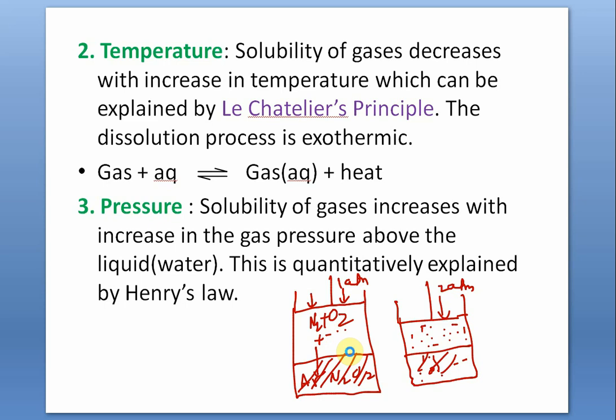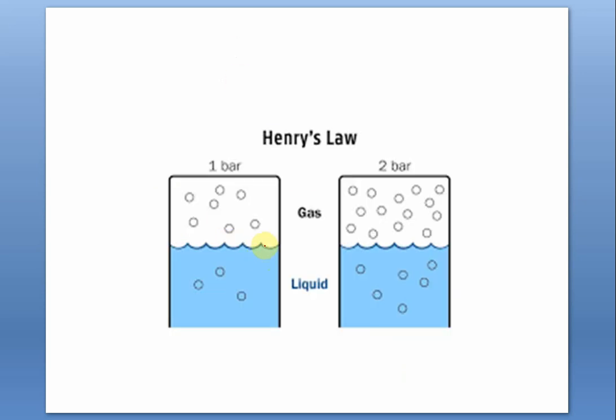Let us know how. Now this is the same diagram. I have copy pasted it from some source. This is 1 bar, say 1 atmosphere. 1 bar and 1 atmosphere are nearly the same. 1 atmosphere is a little more than 1 bar, about 1.01 something bar. Right?